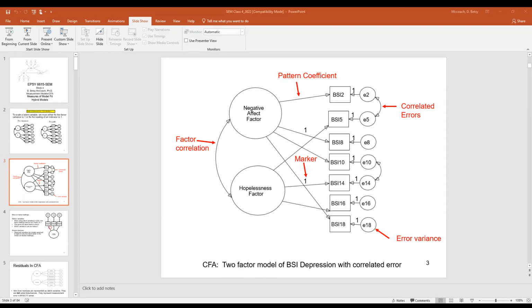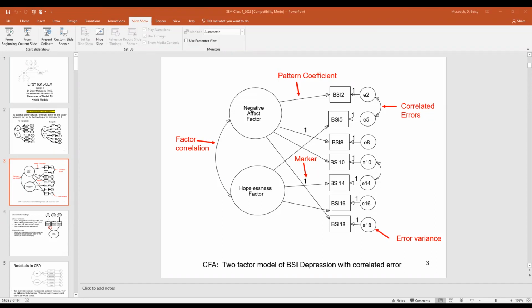All we can do is allow the unexplained part of those two variables, the residual, which is in this case measurement error because we're in a measurement model, to be correlated. Because remember, for any endogenous variable, the total variance isn't a parameter in the model, right?